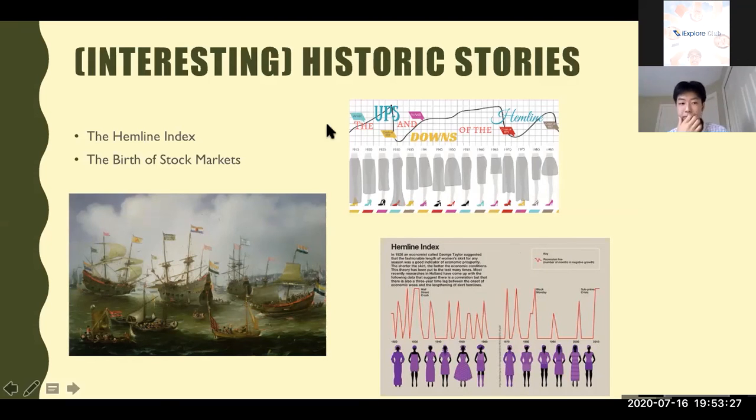So this one is actually about Christopher Columbus and the birth of stock markets. So you might wonder, what does an explorer with a bunch of ships have to do with the economy?